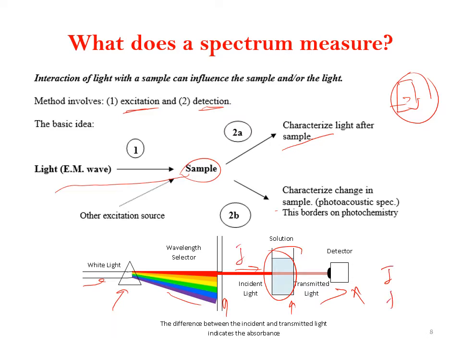That helps us characterize the solution. The difference between the incident and transmitted light indicates the absorbance, and that absorbance helps us understand the molecule, because different molecules have specific absorption wavelengths and transmittance.